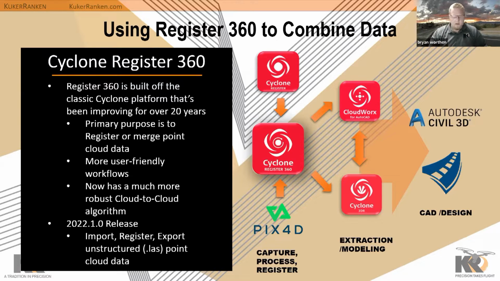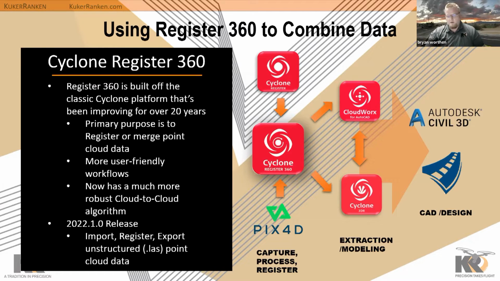So just some background on that. Cyclone Register 360 is a registration tool. The tool is meant to take point cloud data, scan data, and merge those together. We call that registering the data. And then from there, we like to kick our point clouds out into some kind of extraction software.